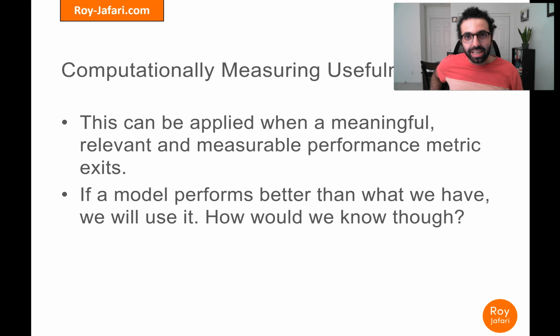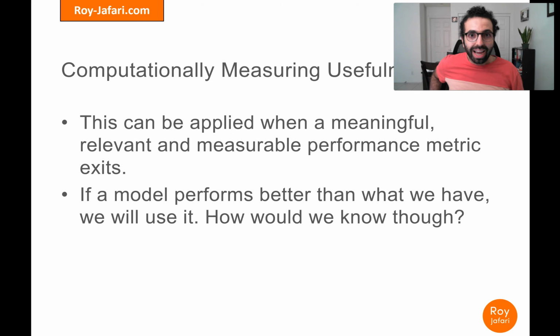We can only apply this computational measuring of usefulness if, and that's a big if, we have meaningful, relevant, and measurable performance metrics. I mean, meaningful, measurable, and relevant performance metrics are not available all the time.